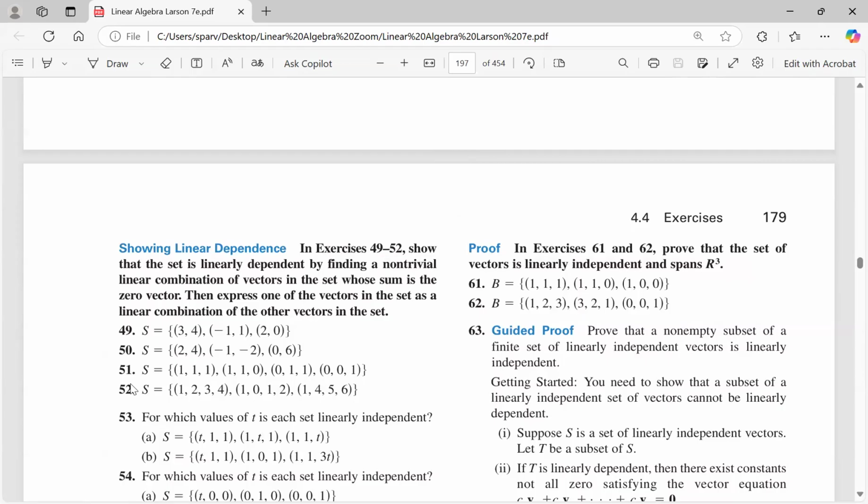The set of vectors 1, 2, 3, 4. So it looks like they're looking at R4 here, right? 1, 2, 3, 4, 1, 0, 1, 2, and 1, 4, 5, 6. So that's number 52. Let me share with you again. There you go.